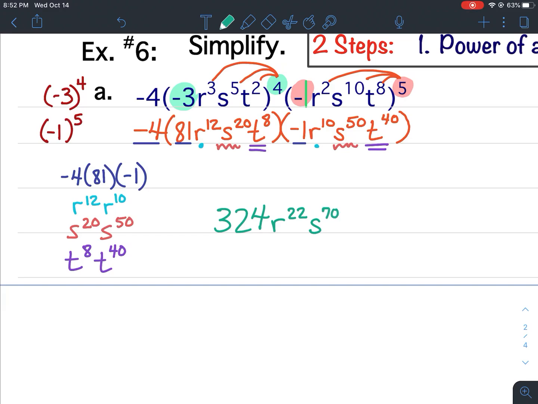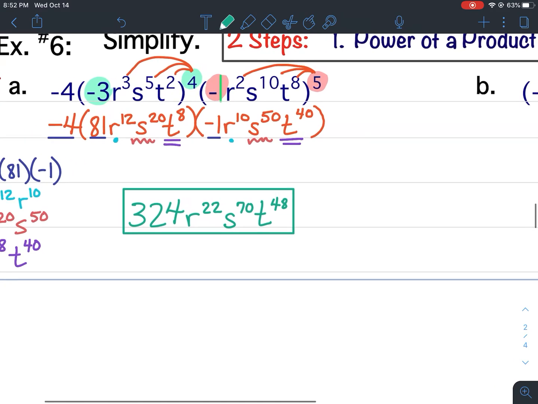And then 8 plus 40 would give me t to the 48th. And that is it. So again, we did power of a product first, and then we multiplied.